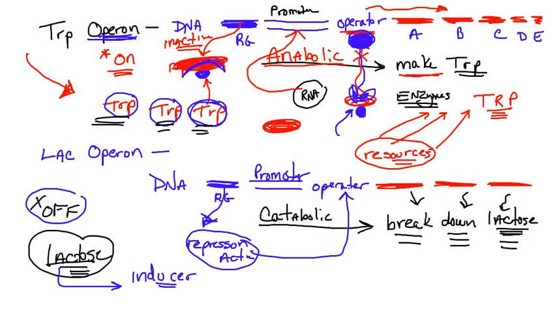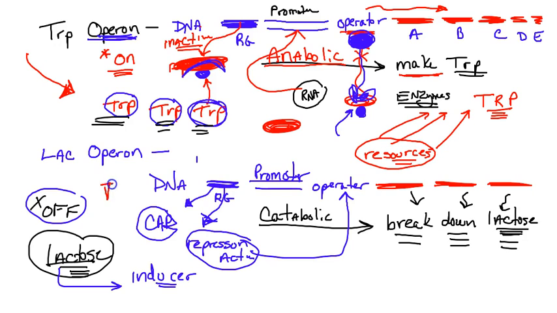Now, what's nice about the lac operon is we're going to learn you can have some positive control. You can make some other type of upstream regulatory proteins like CAP proteins, and these CAP proteins are almost always going to be in the inactive state, and they wait for a metabolite, usually something from the cell that indicates that something's not working or a different pathway of energy is being used.